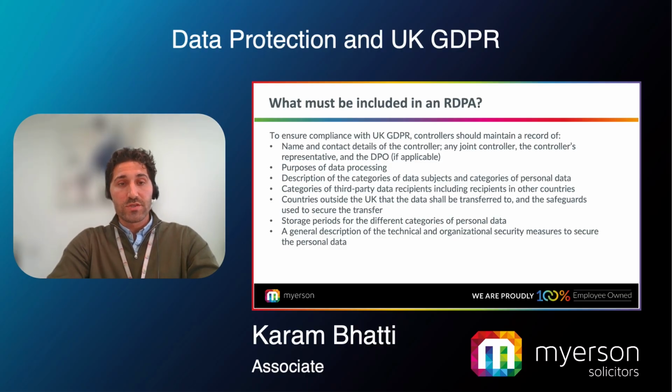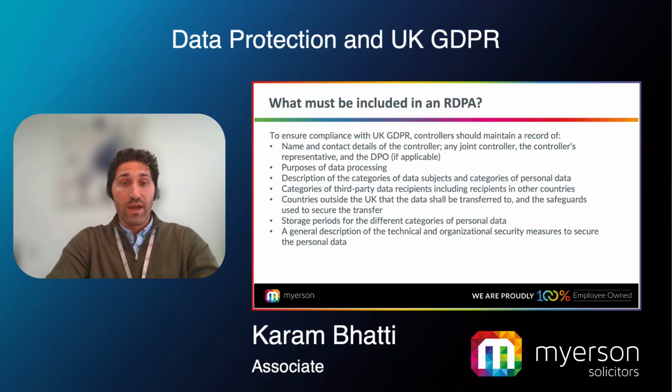The categories of individuals, so the different types of people whose personal data is being processed. So that could be employees, customers, members. The categories of personal data, so the different types of information you process about people, for example, contact details, financial information, or health data. The categories of recipients, or anyone you share that personal data with, for example, suppliers or credit reference agencies. Where applicable, the name of any third-party countries or international organizations that you transfer personal data to.